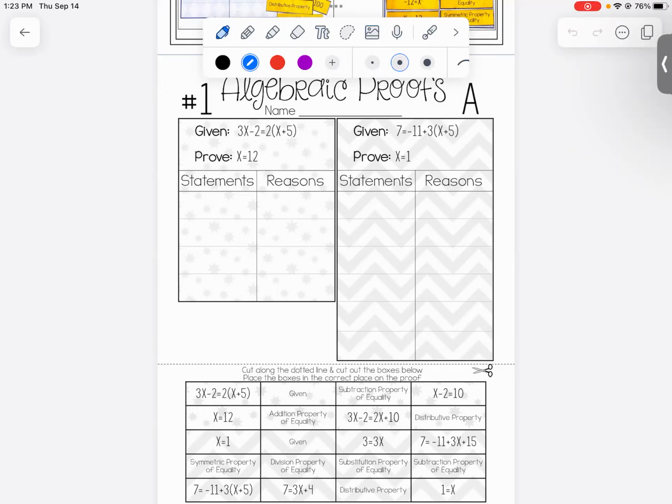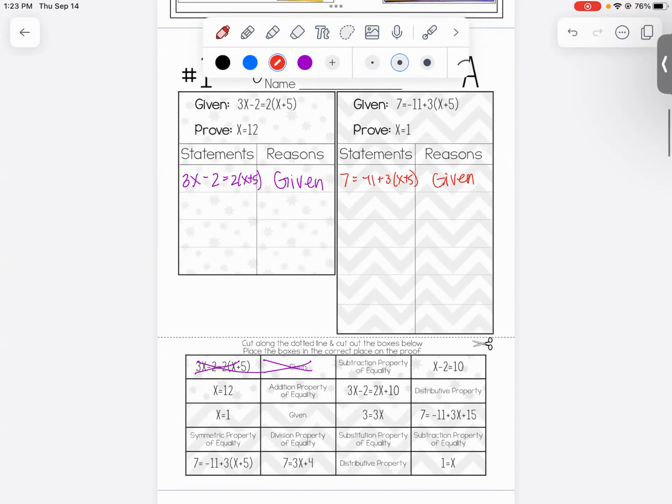x minus 2. Subtract 2x. Oh, we already used our different properties. So how does this work? x minus 2 equals 10.